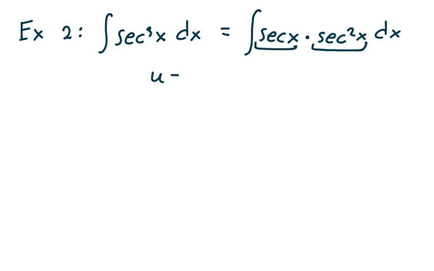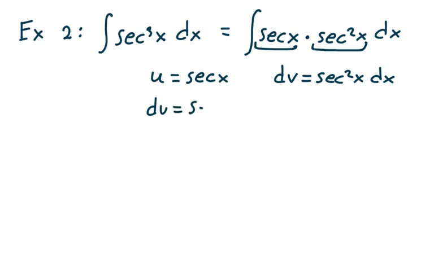And so I'm going to let u be secant x. So dv is secant squared x dx. du is secant x tangent x dx. And v is equal to tangent x.